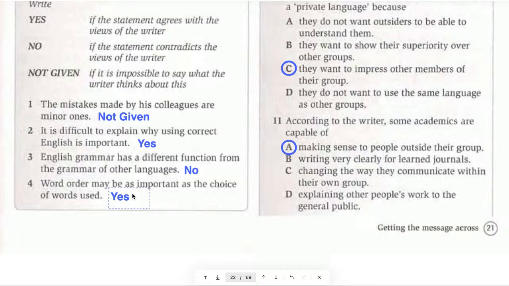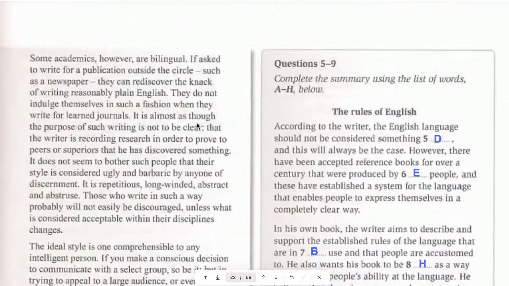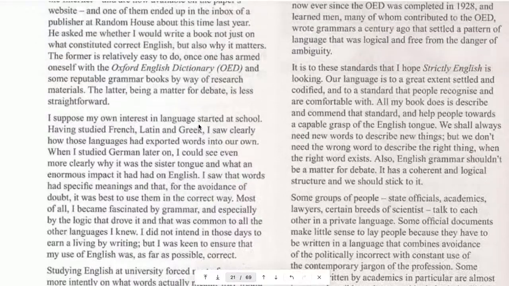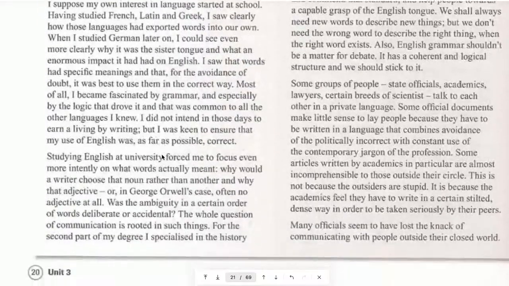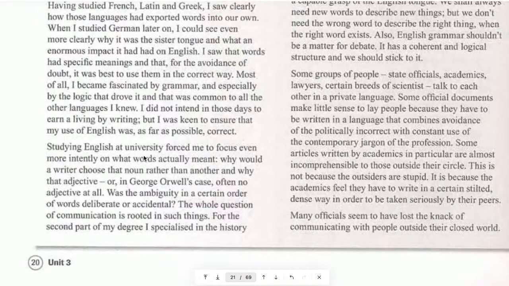That means word order and the choice of words are as important as each other. Okay? Where can we find the information? Paragraph 3, line number 1, okay?